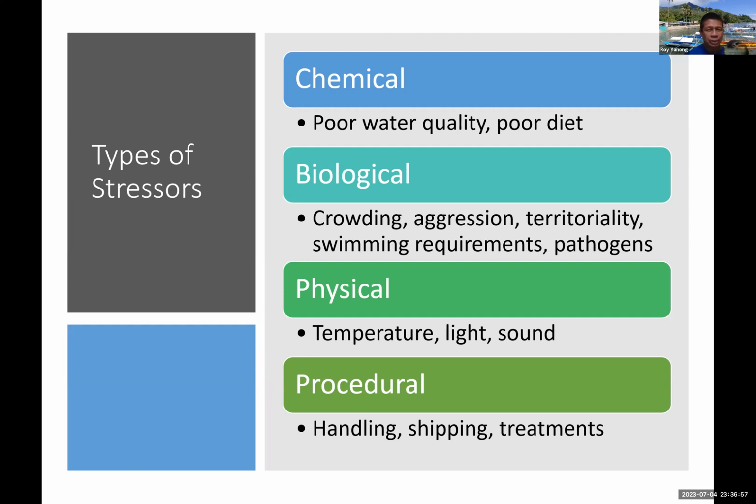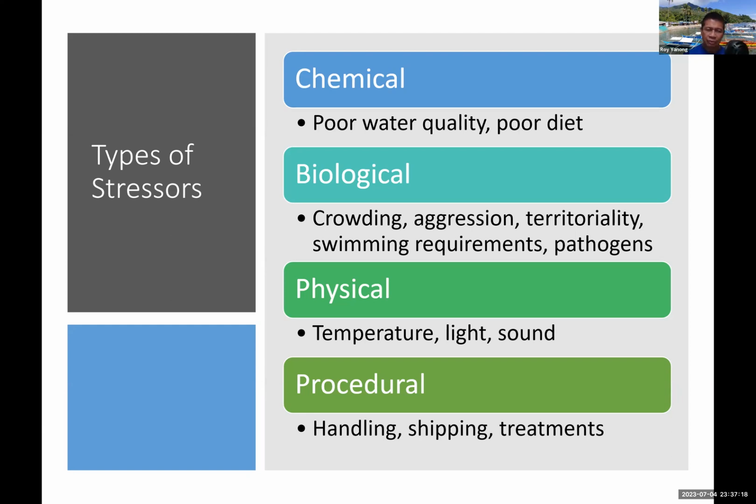We can have physical stressors. So maybe the temperature's not quite what the fish wants. It's a little bit too warm or a little too cold. Maybe the lighting's not good. It's too bright, or there's too much light, or maybe there's a lot of loud sounds in the room or in the system that are going to be disturbing the fish. We can also have procedural stressors.